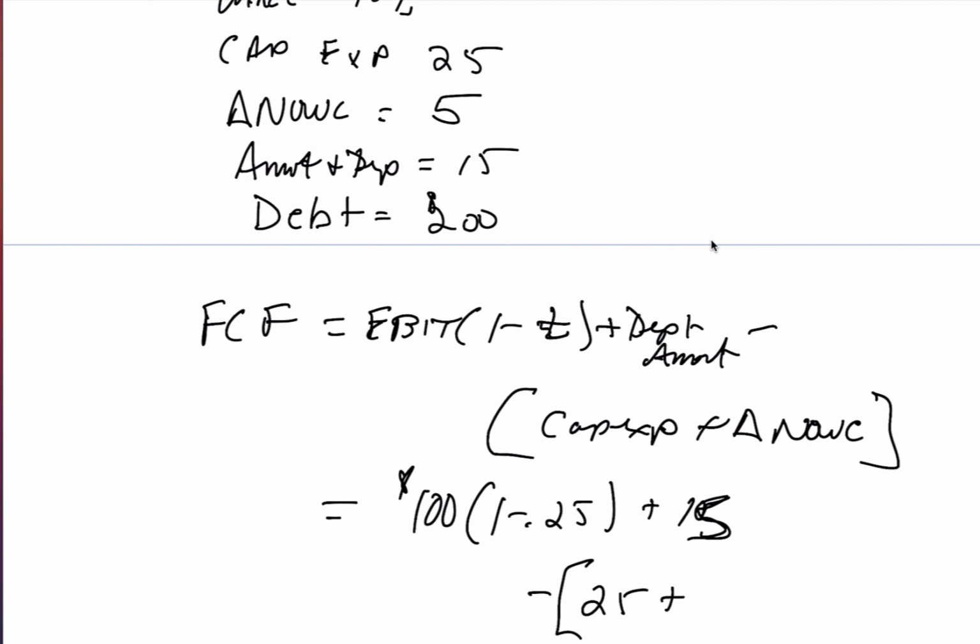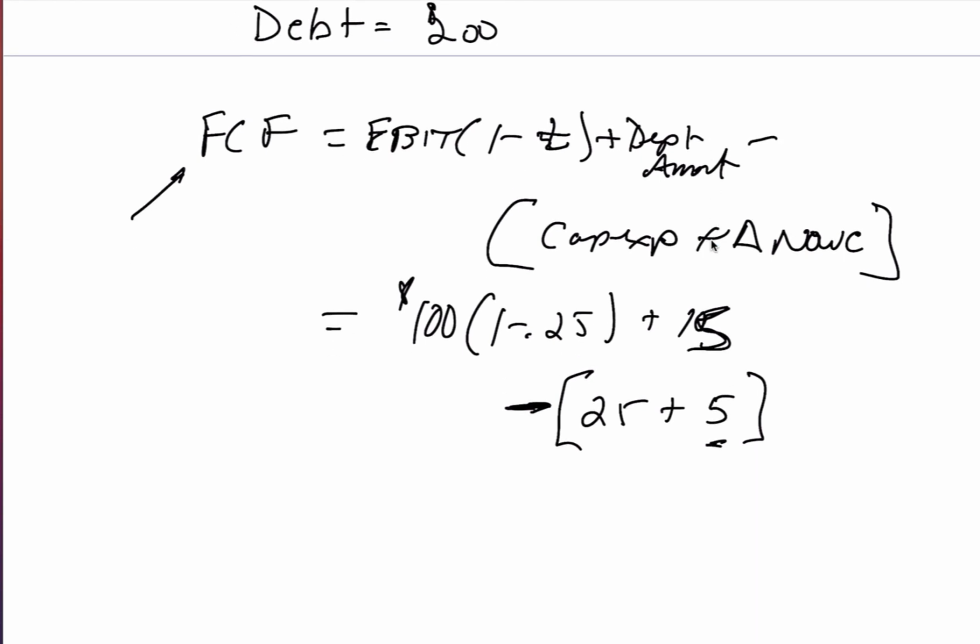Working capital increased, which means we need to invest a bit more in working capital, so there's less free cash flow to investors. That's why there's a negative sign for that $5. When we estimate this, free cash flow is $60.